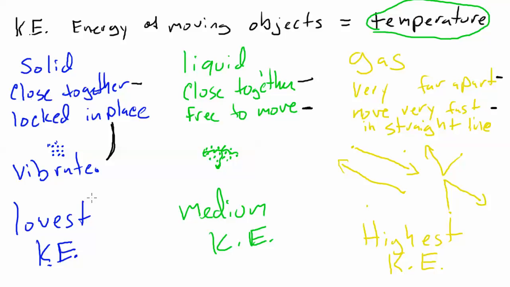We call that ice. And then as the particles gain kinetic energy, eventually they're going to start to be free to move past each other, and at that point it will become a liquid. And then eventually they'll get so much kinetic energy that they can just fly away from each other and start moving around in straight lines, and at that point the water would be a gas. And this is the pattern that you see with all matter in these three states.